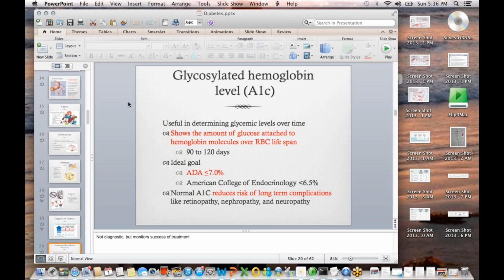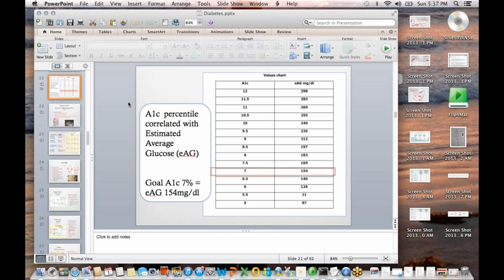Some of you didn't understand that glycosylated hemoglobin level is your A1C. Please correlate those two, because the answer could be either your A1C or your glycosylated hemoglobin. It shows your percentage of average glucose, because it's the glucose that's attached to your hemoglobin molecules, and it's usually over 90 to 120 days.